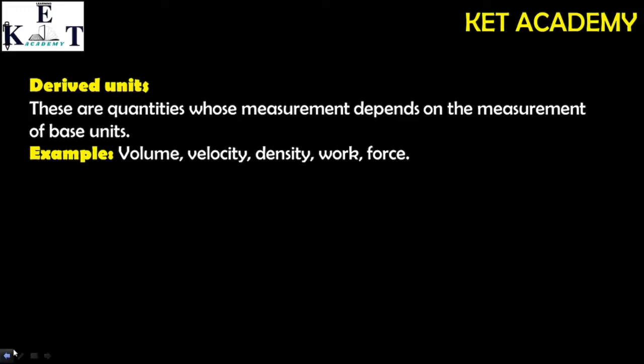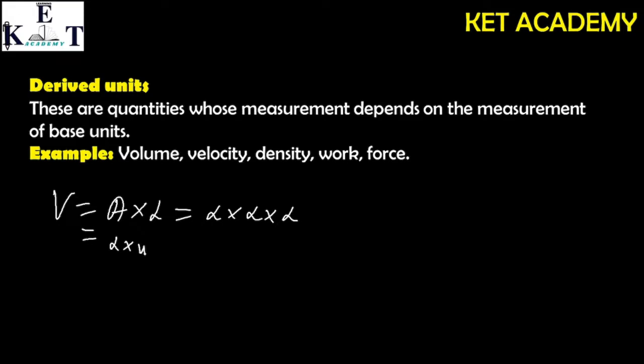So we know that volume can be calculated as area times length, or length times length times length. We know that area is also length times width, and volume can also be measured as length times width times height. So a volume is made up of the base unit of length.